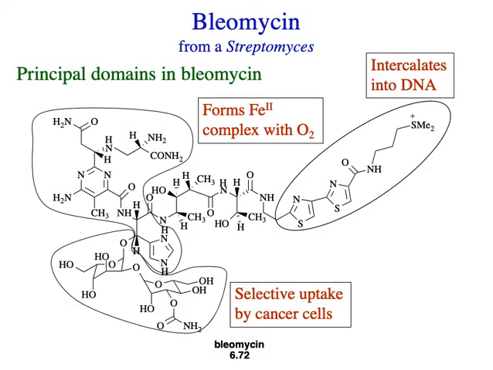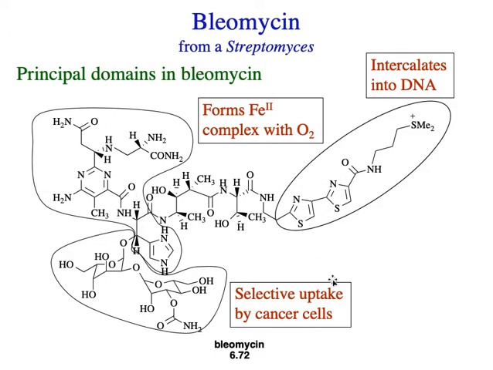Okay, so another chemotherapeutic is bleomycin, and it has this structure here. In nature, this is likely what's known as a siderophore in the Streptomyces bacteria, which is an iron chelating structure. Sideros is the Greek word for iron, and phore is eater, so it's an iron-eating, iron-binding structure.